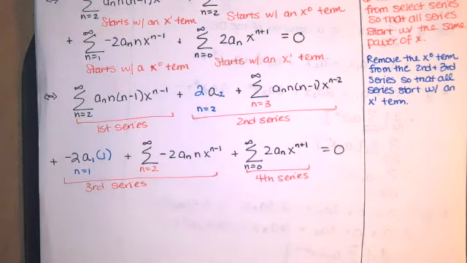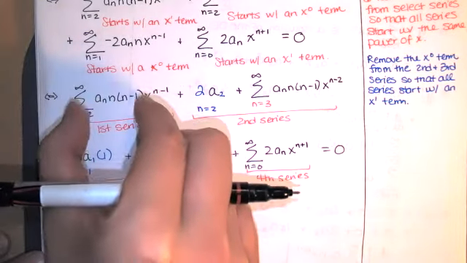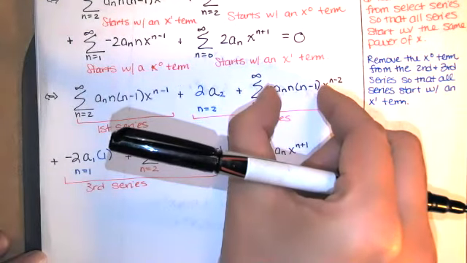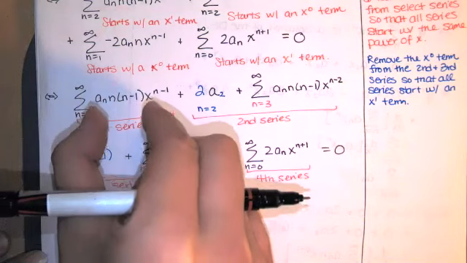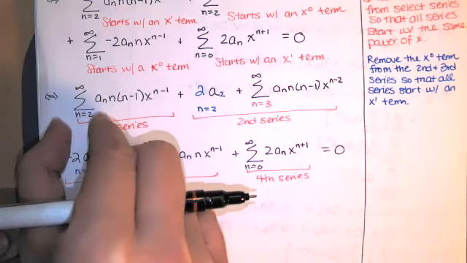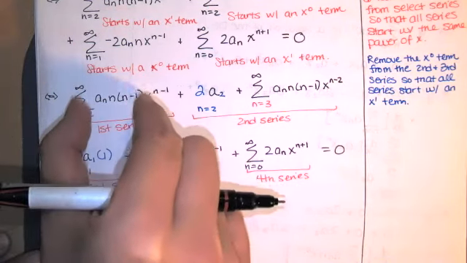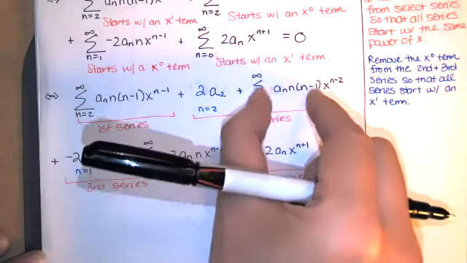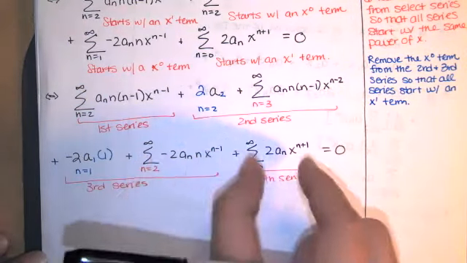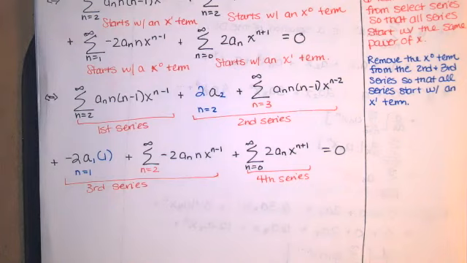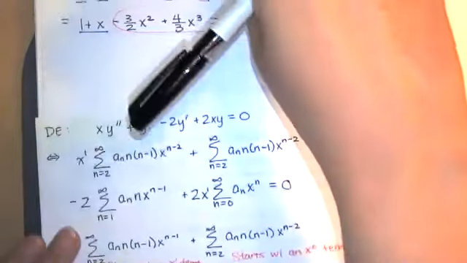So they all start with the x to the first, but I can't just add this to this because the n represents something different here. I want them all to look the same, so I can just add the coefficient of this guy to this guy and to this guy and to this guy, so that I know the coefficient of x to some power, just like I did over here.